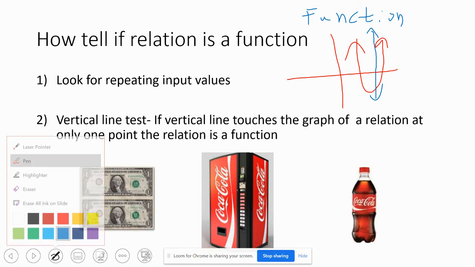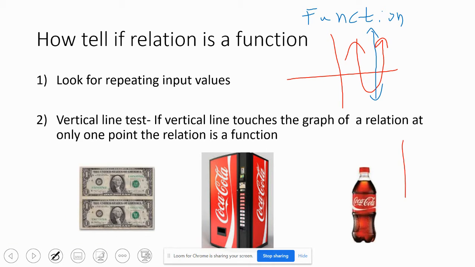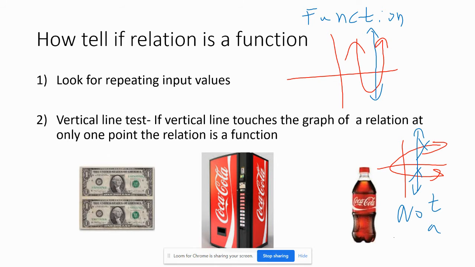But if we rotate the parabola 90 degrees clockwise and now draw our vertical line through it, it'll hit at 2 points. So it's not a function. Okay? So 1 point, 2 points.